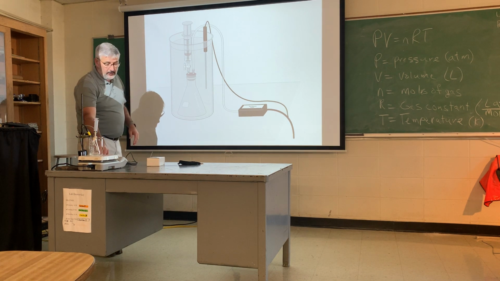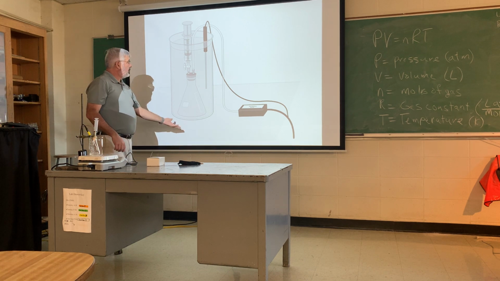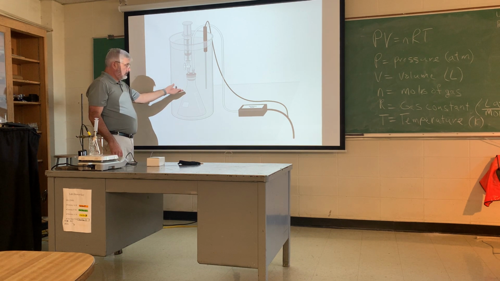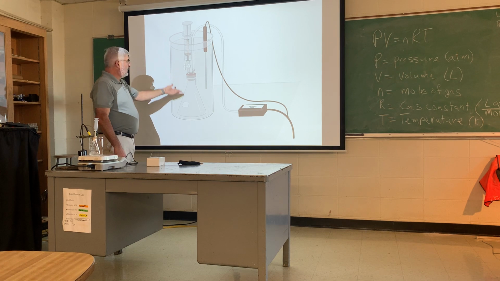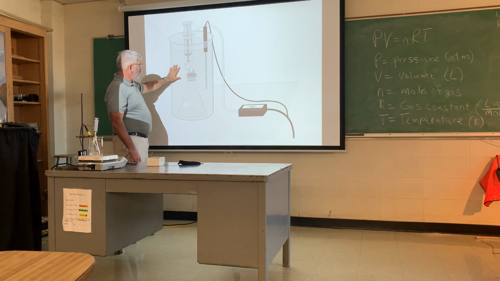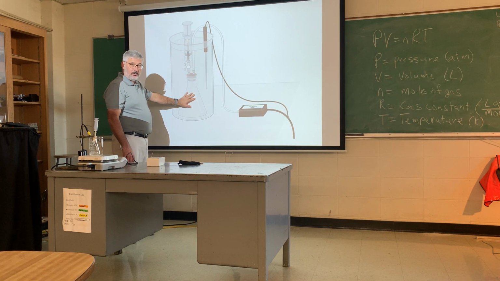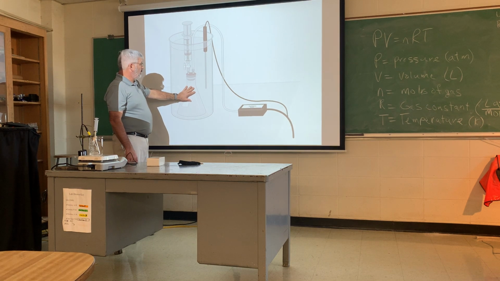When I turn the heat on, the heat will start warming the water, and you can even drop a small stir bar in there to help keep that well mixed, if you would like. If we keep it well mixed, then the temperature of the water will raise the temperature of the gas inside the area that it's in contact with. And so what you're going to do in your experiment is raise the temperature.